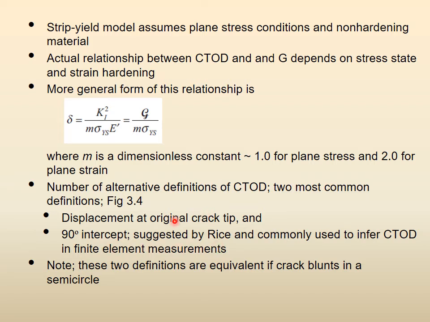So the original definition is displacement at the original crack tip. The modified definition is the 90-degree intercept, which I will just show you. And if you use finite elements, then this definition is more adaptable. Note that these two definitions are equivalent if the crack blunts in a semicircle. If the shape of the crack blunting is circular, then both of them are the same.